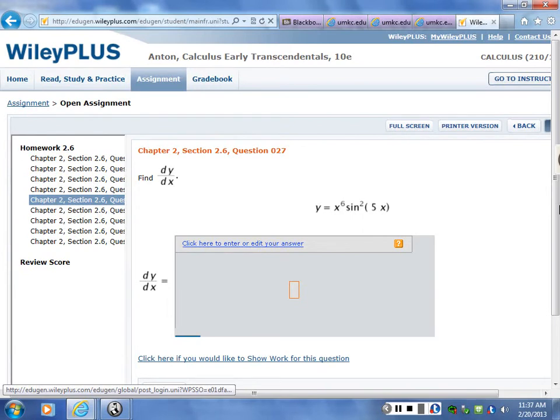And what's the derivative of this? What's the derivative of the whole inside? What's the derivative of sine of 5x? Good.